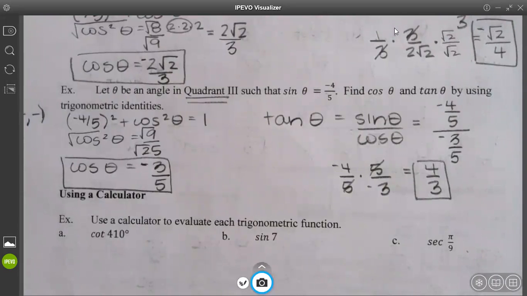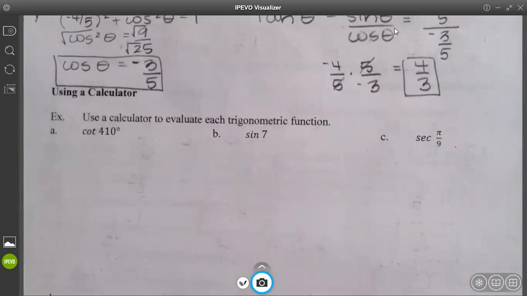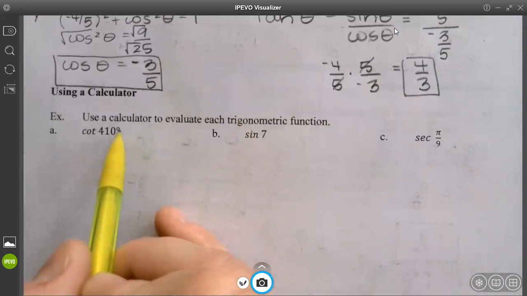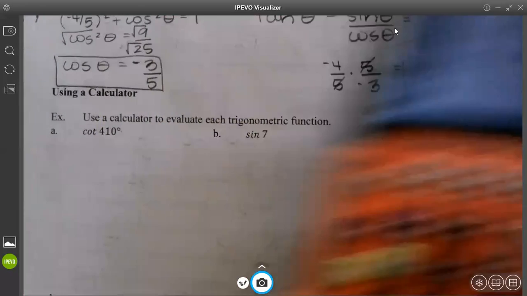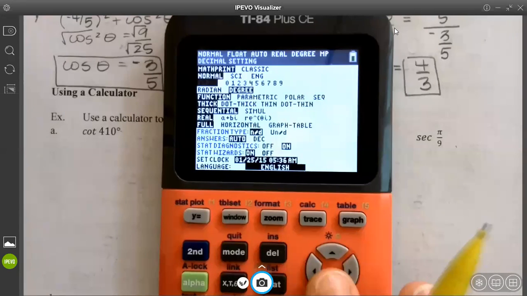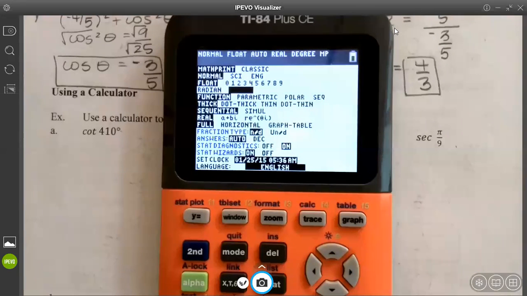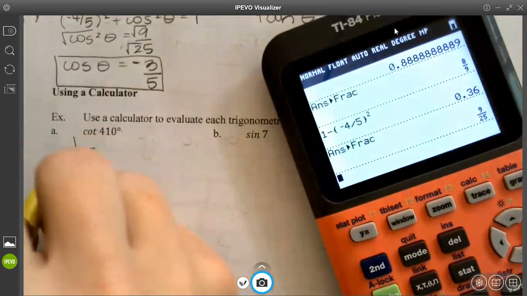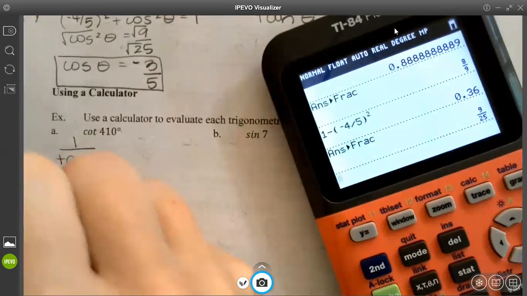All right, so you ready for the easy stuff? Okay, this is really quick. This is calculator. So what does this little circle right here mean? Degree. So do your mode in degrees. And remember that cotan is the reciprocal of tan.